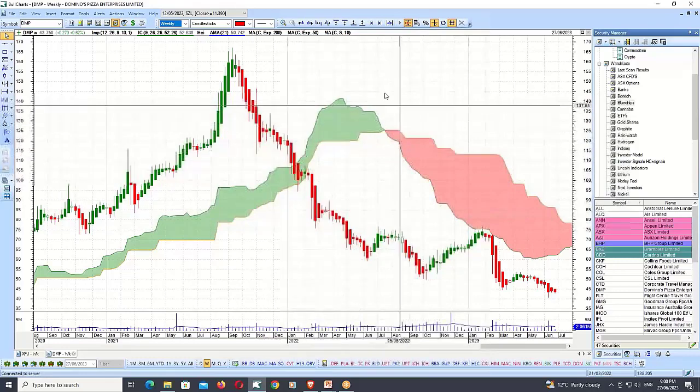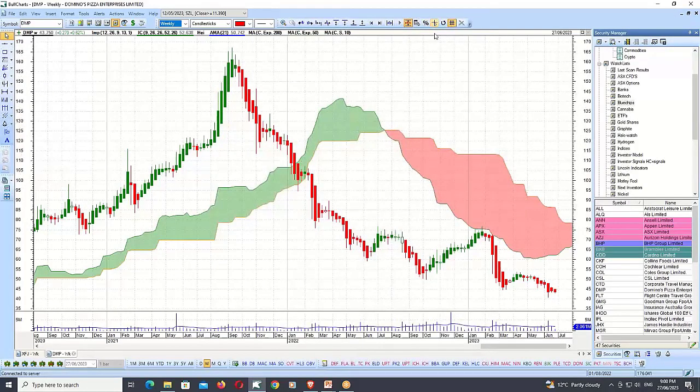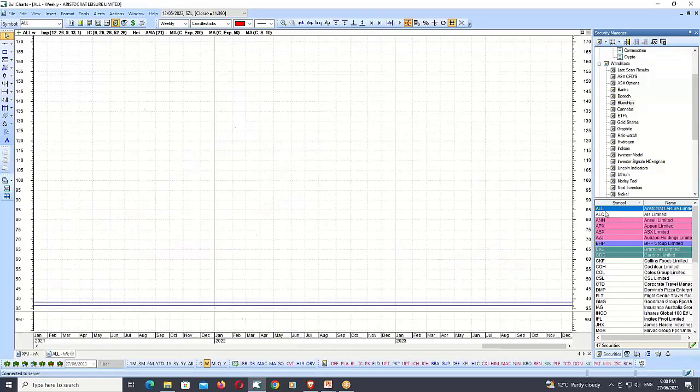And that's what I've got on the screen at the moment. I was just going to run through that later. This is my bull charts Ichimoku template, and just on the side here I've got some of the blue chips, and here it is.